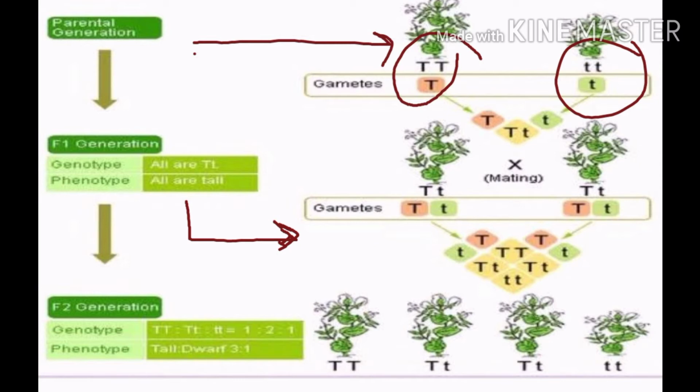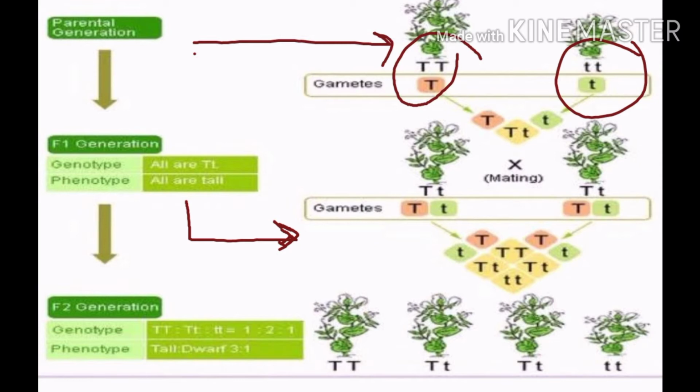While the genotype is in the ratio of 1 is to 2 is to 1. Here you will see that one plant has the genotype capital double T. The other two plants have the genotype capital T small t, and the plant which is short has the genotype small double t.